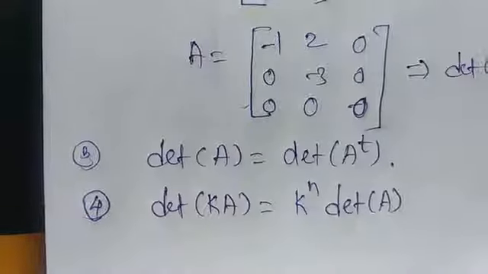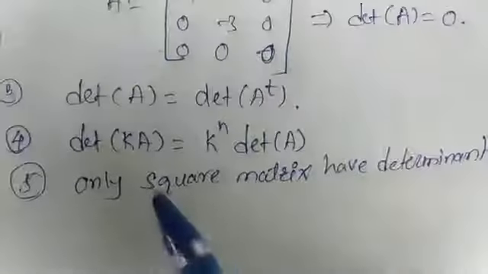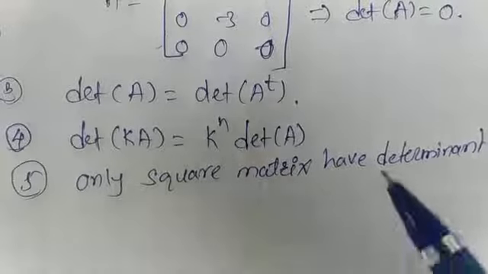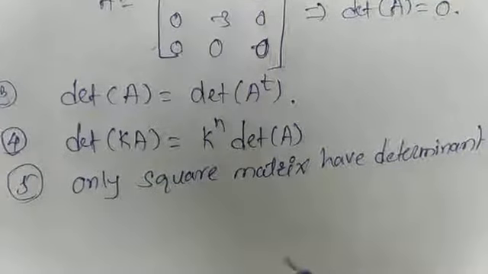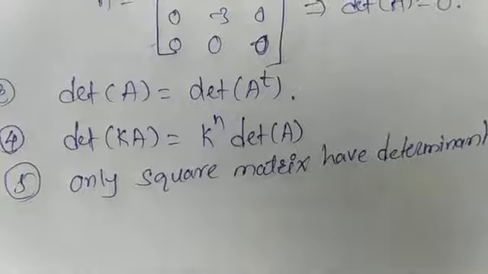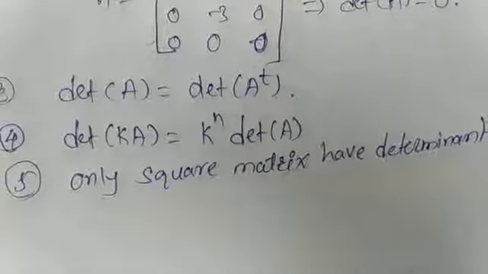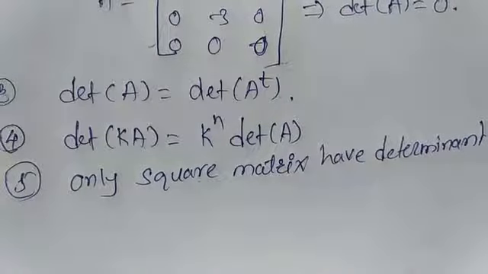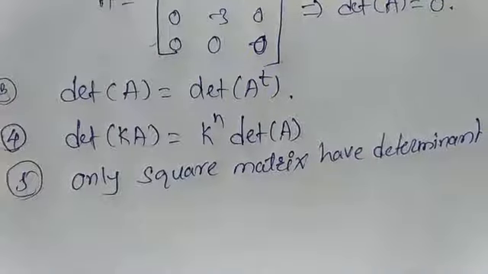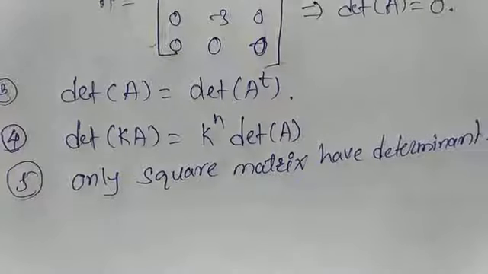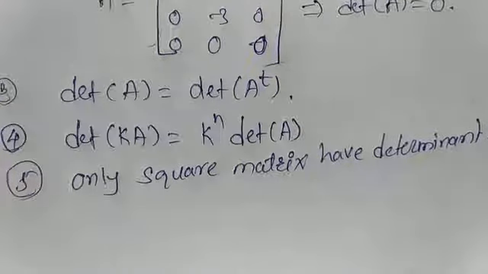Lastly, as a property we can say that only a square matrix has a determinant. If you consider a rectangular matrix, which is not a square matrix, then its determinant is not possible. Okay, only for a square matrix are determinants possible, which we can calculate.